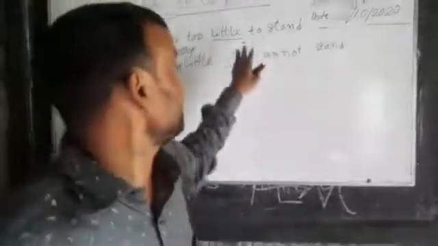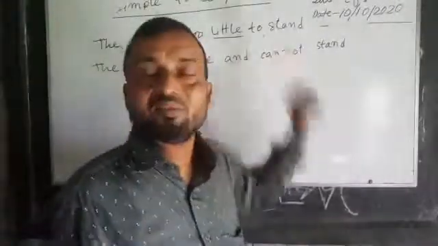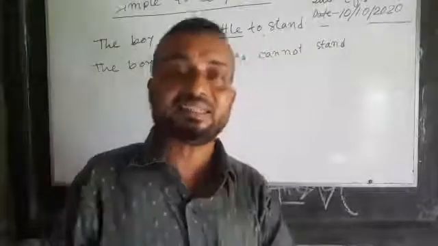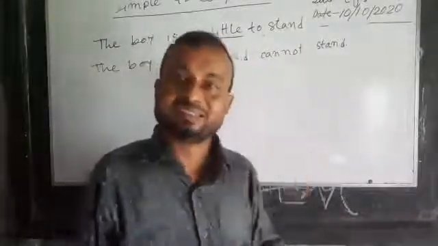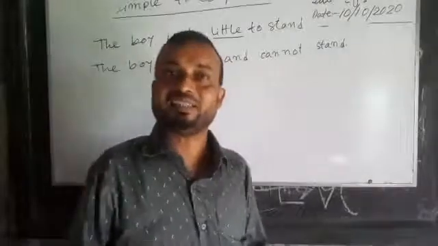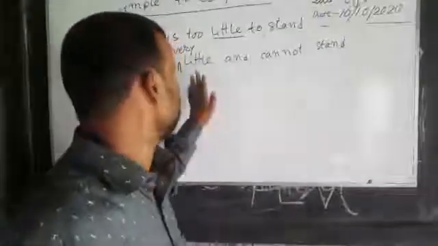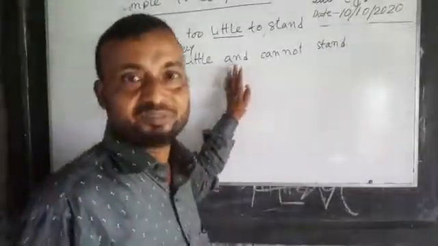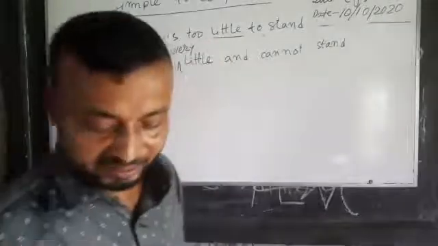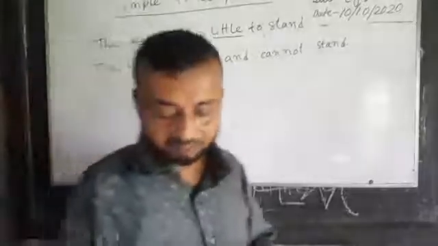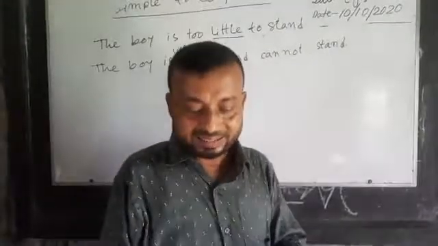If the boy can stand though he is little, if he could stand, at that time we use but. Understand, my dear students? So I think all of you follow.